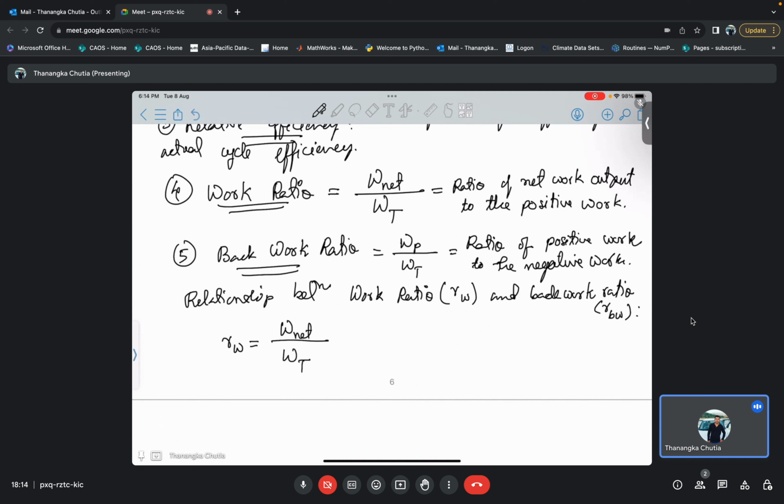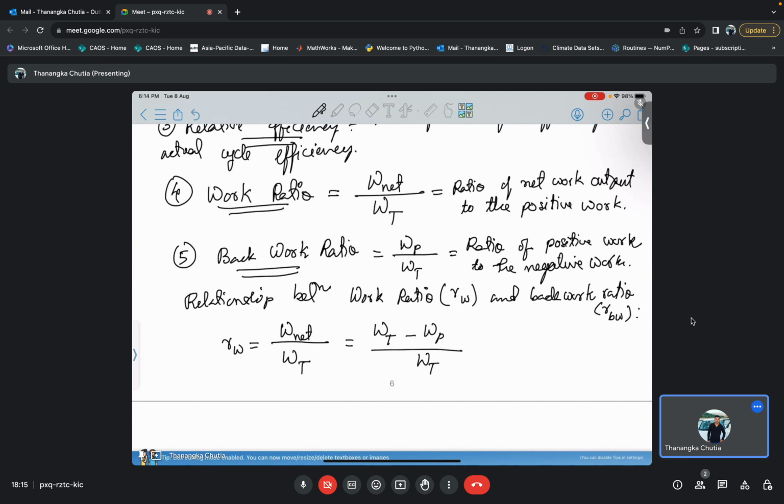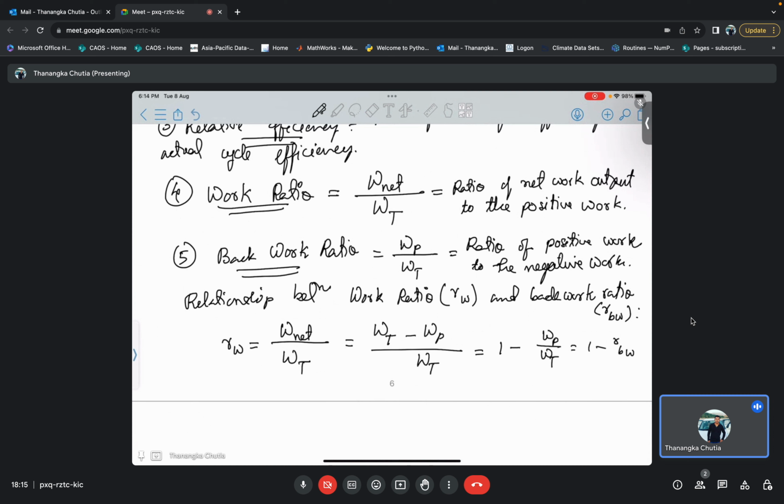Now if you remember, this W net will be nothing but WT minus WP, divided by WT. I can write this as 1 minus WP by WT, which is nothing but 1 minus RBW. So the relation is RW equals 1 minus RBW.